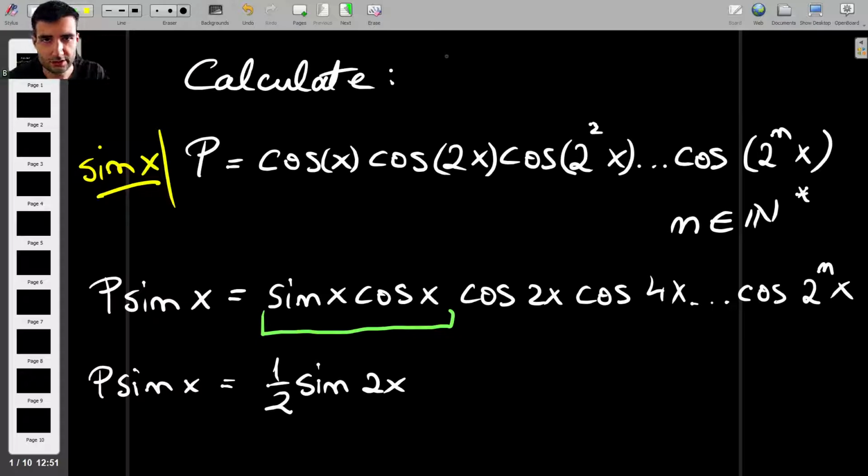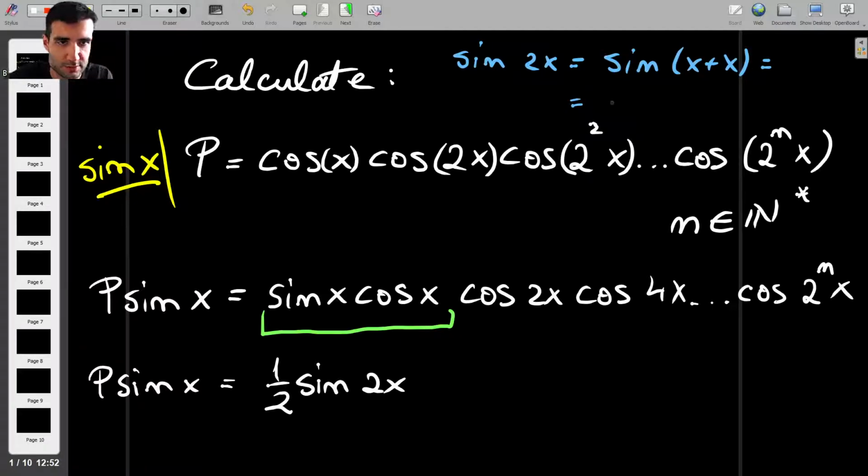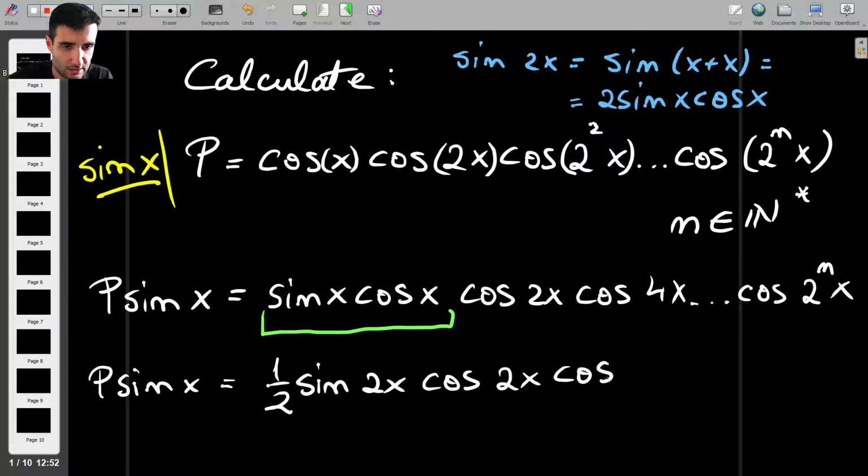Okay, and just a quick note, sine of 2x is just sine of x plus x, and you can use the sine of a plus b formula to figure out what this is, but this is just 2 sine x cosine x. Okay, so we have 1/2 sine of 2x, and then we have the rest of it, which is cosine of 2x, cosine of 4x, all the way to cosine of 2 to the power nx.